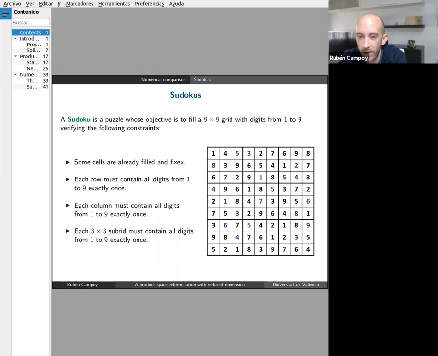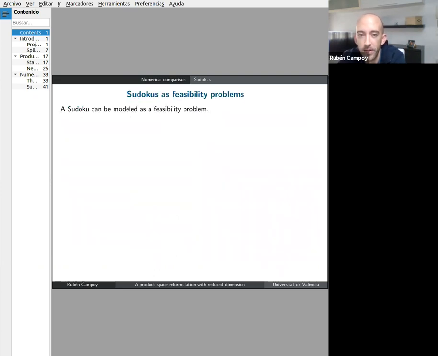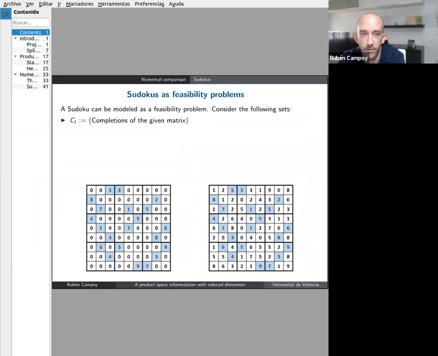So in order to find a solution to the Sudoku, we can define a feasibility problem with 4 constraints. The first one is the set containing all the matrices that complete the given one, so all the matrices whose given components take the values that we were told.